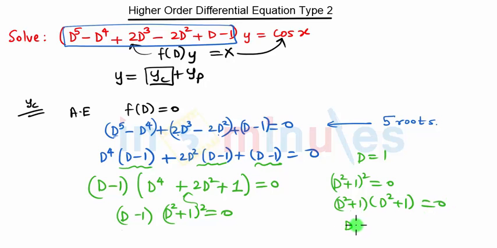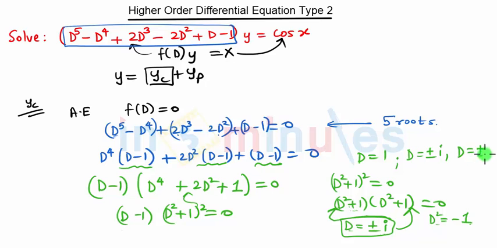And we get D equal to plus minus i, because D square equal to minus 1, and we cannot take the real root of minus 1, so it becomes imaginary. So we get two equations, D equal to plus minus i. One is for this D square plus 1 and another is for this one. So we have D equal to plus minus i and D equal to plus minus i.